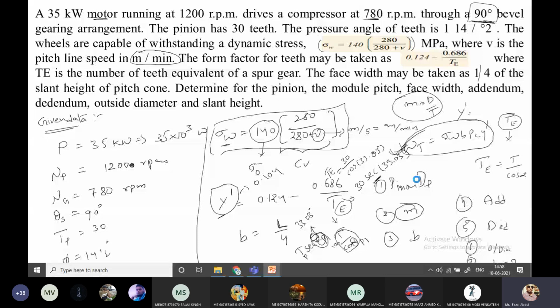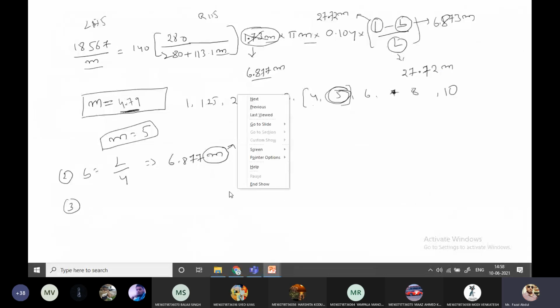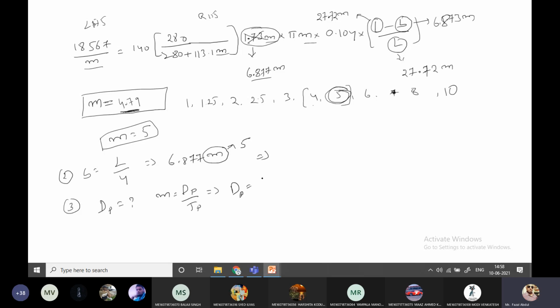Module, DP, DG, how much? Diameter of the pinion how much, and DG. From the module relation, module is equal to DP by TP. So DP equals 5 into 30, TP value is given in the question. And DG, how much? From the relation, module equals DG by TG, that is, DG equals module into TG.